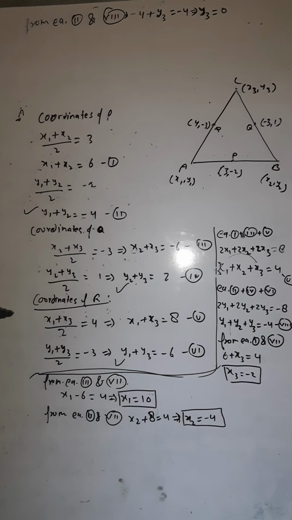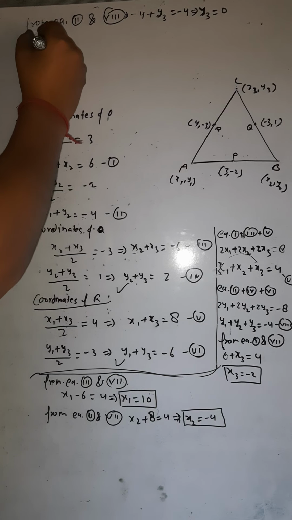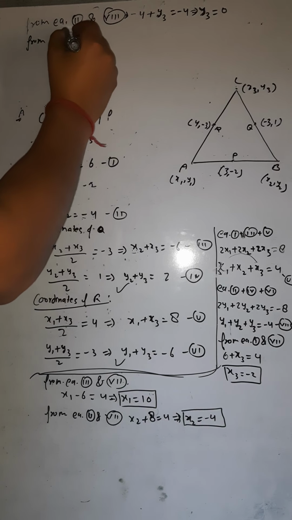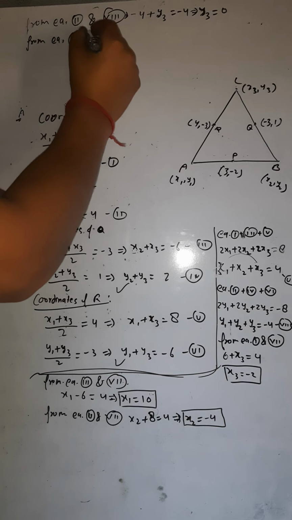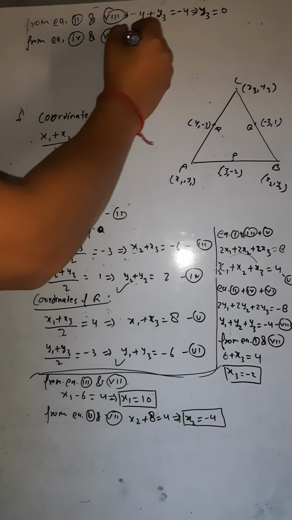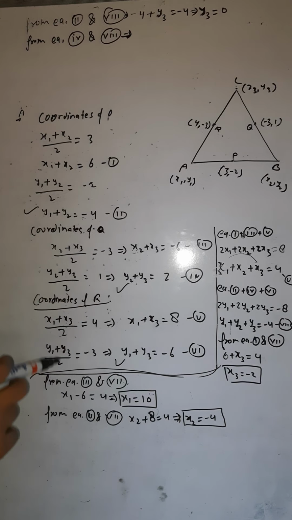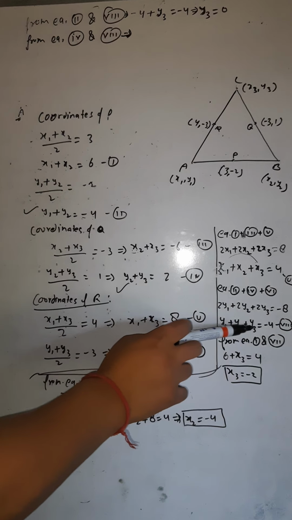Okay, now I would be taking equations number 4 and 8. Let's see what we find from there. Equation number 4, y2 plus y3 is 2, and here y1 plus y2 plus y3 is minus 4.